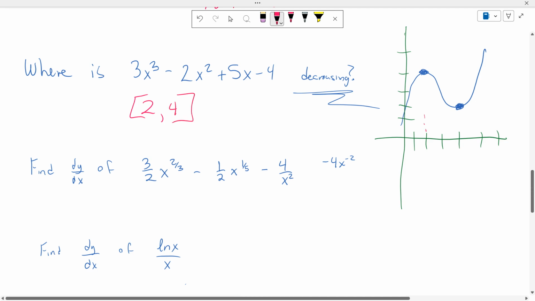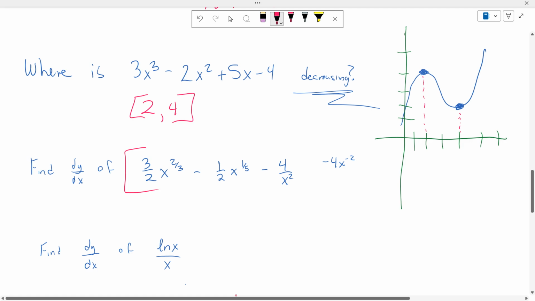Because I think this is at 2 and this is at 4. They're x values. And it's increasing from negative infinity to 2 and from 2 to infinity. Like algebra 2 all over again. Yeah. That's traumatic.